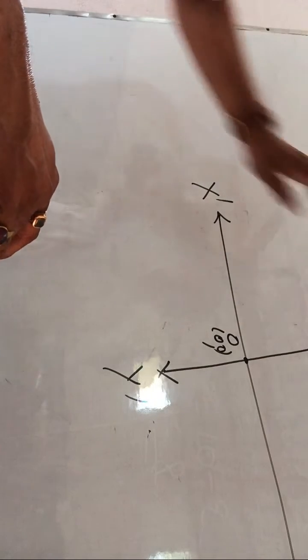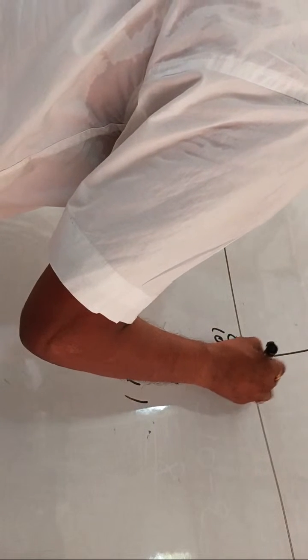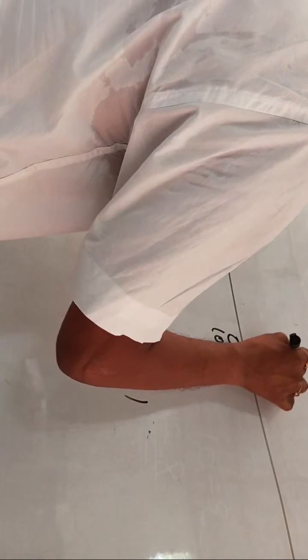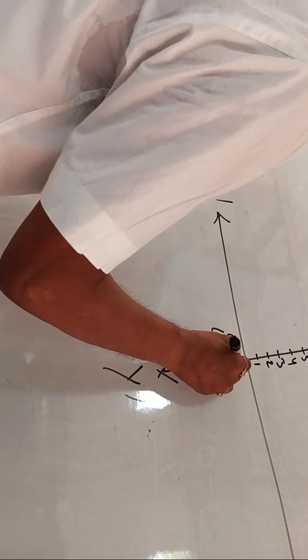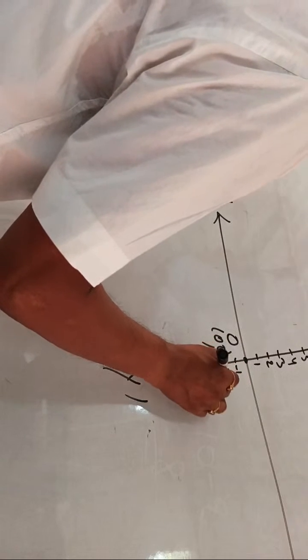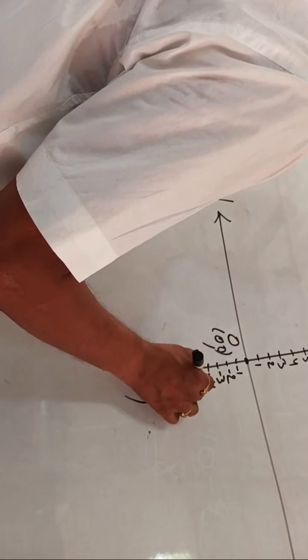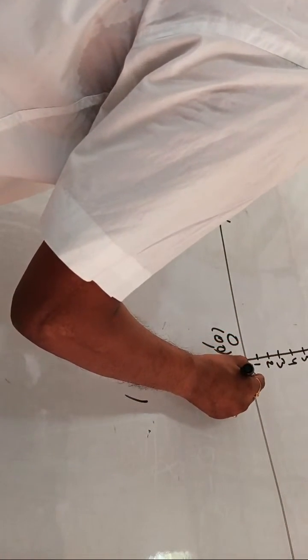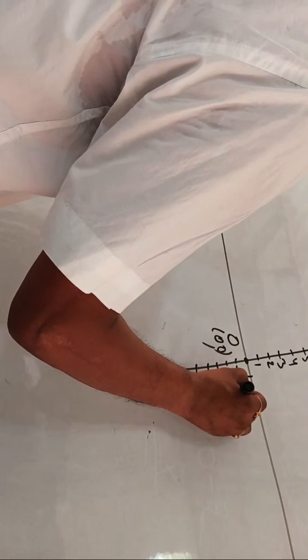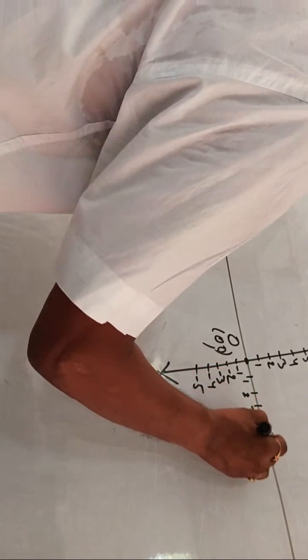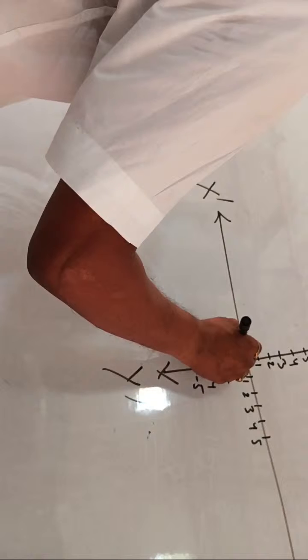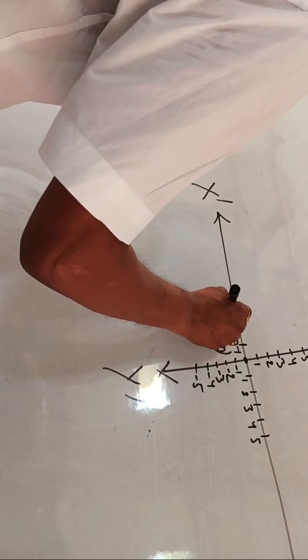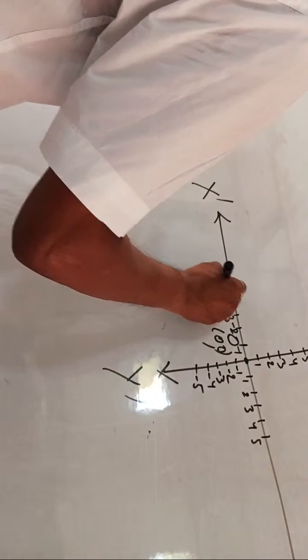You take 1, 2, 3, 4, 5, these are plus, and -1, -2, -3, -4, -5, etc. Here on the right hand side, this is +1, +2, +3, +4, +5, +6, +7, and on the left hand side, this is -1, -2, -3, -4, -5, -6, etc.